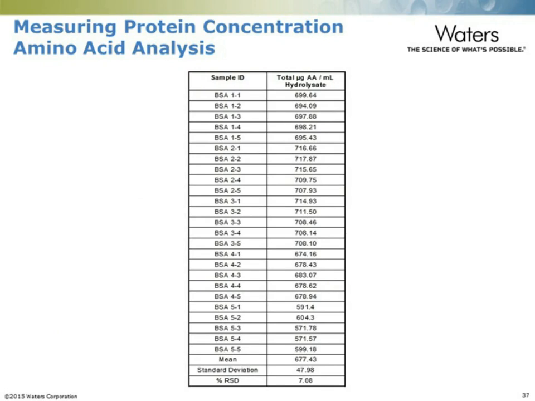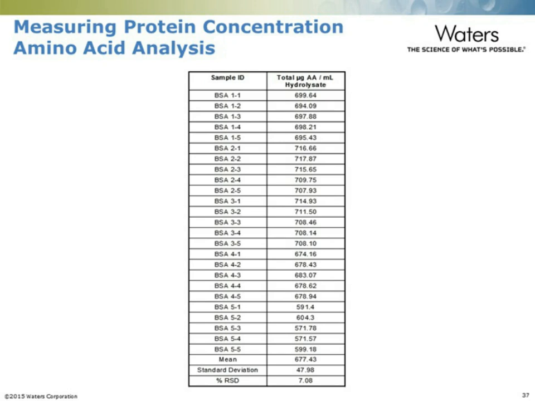If we look at a series of 25 independent determinations, we get a concentration, a total micrograms of amino acid per mil of hydrolysate, with a standard deviation on the order of 7% for these 25 independent assays.